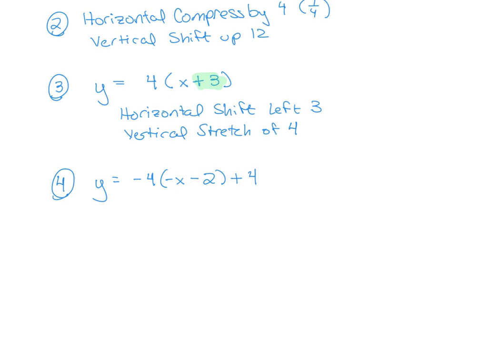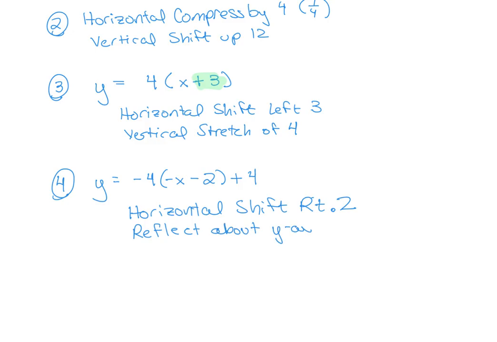If we look at it this way, let's see what we've got. We start with our horizontal shift. So we are going to shift right 2. We are going to reflect about the y-axis. That's the negative on the inside. That's a horizontal reflection. On the outside, we have a vertical stretch by 4.